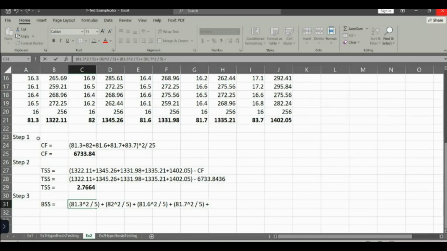And lastly, on the east side, 83.7 squared over 5. Then get the sum of all of this, and do not forget to subtract the correction factor.